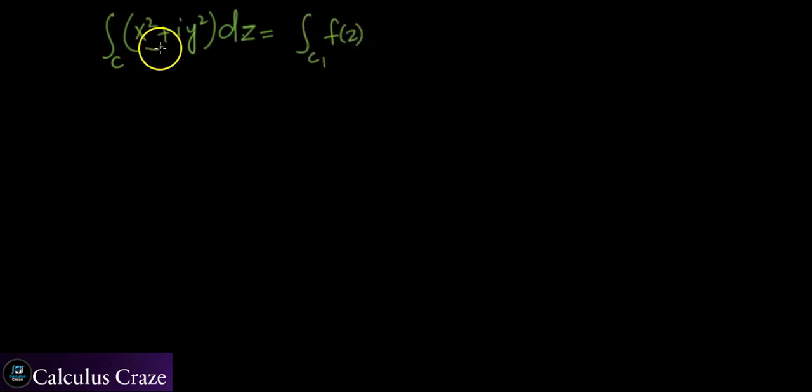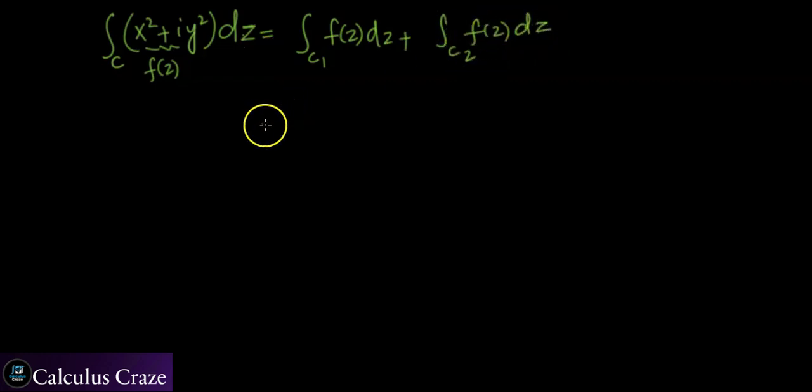Hence, finally, the integral of x squared plus iota times y squared over the piecewise smooth curve is going to be equal to the integral over C1 of f of z dz plus the integral over C2 of f of z dz. We have computed already that the first was 2 over 3 times I, and we have seen that this is I minus 7 over 3.